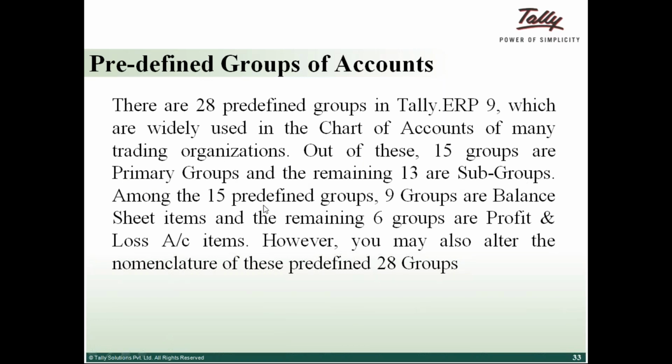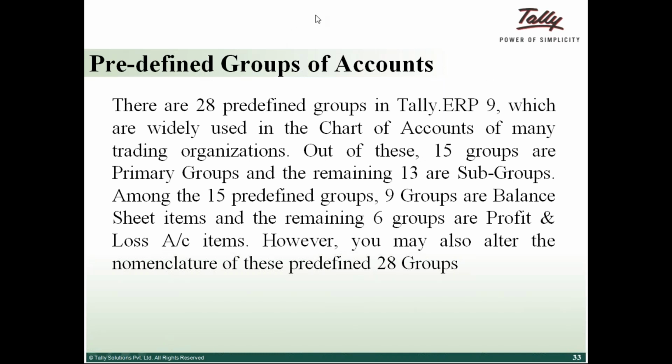Among them, 9 groups are balance sheet and the remaining 6 groups are profit and loss account. So Tally has a total of 28 predefined groups. The groups are capital account, bank OD, sundry debtors, bank accounts, sundry creditors, purchase, sales, fixed assets. These are what we call groups.